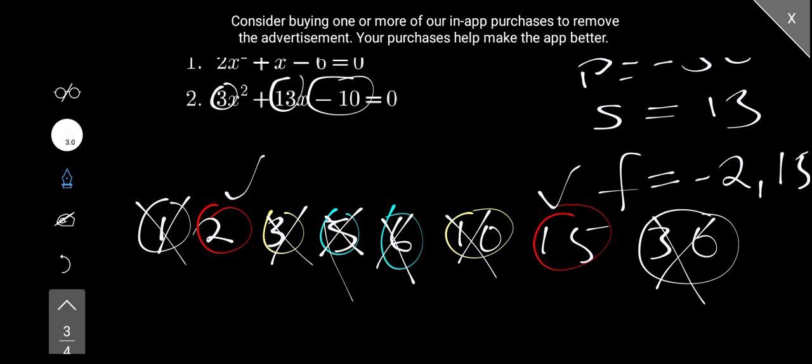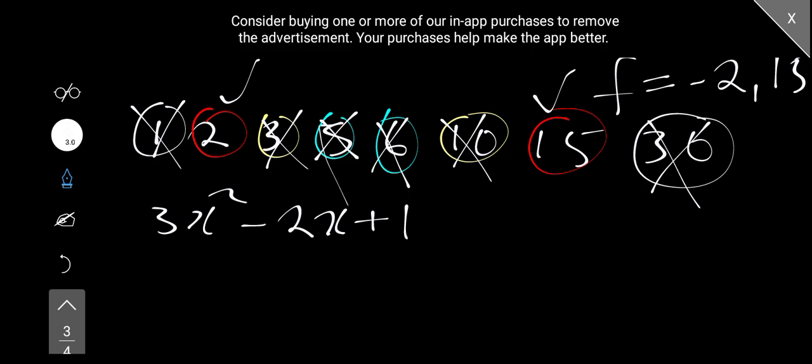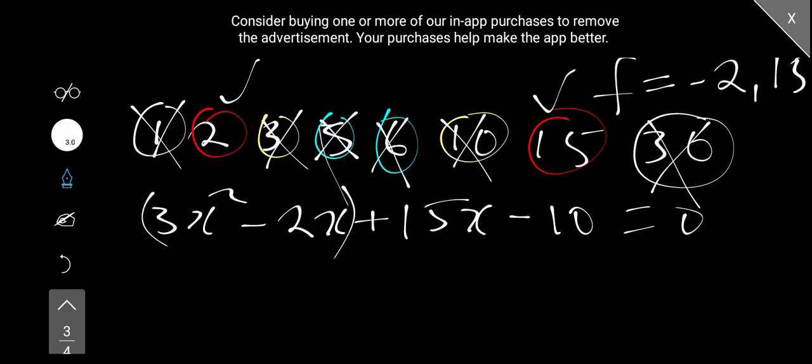There we have it. Then we can do the replacement where the 13 we put minus 2 and plus 15. So we have 3x squared minus 2x plus 15x. Then minus 10 is equal to 0. By grouping, we factorize. We go on like that.